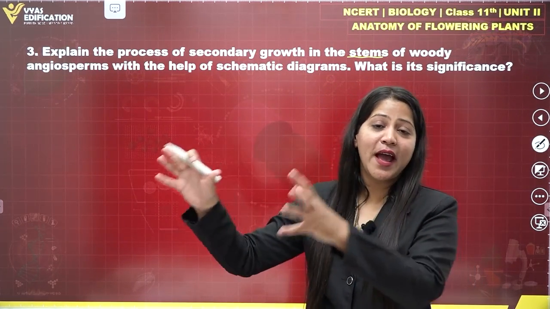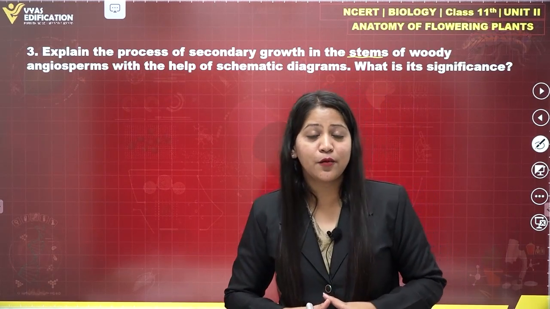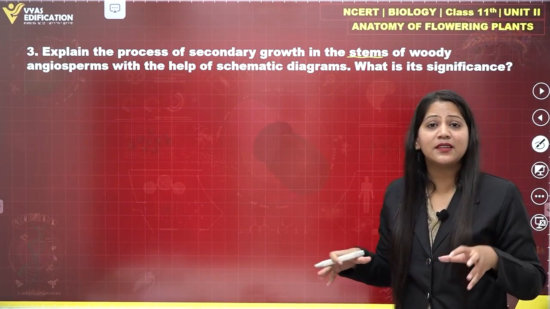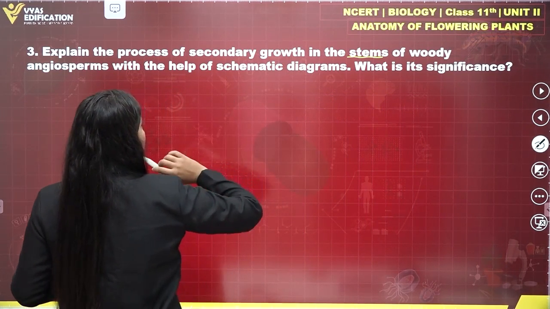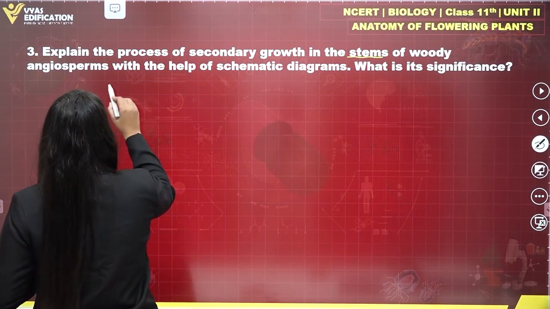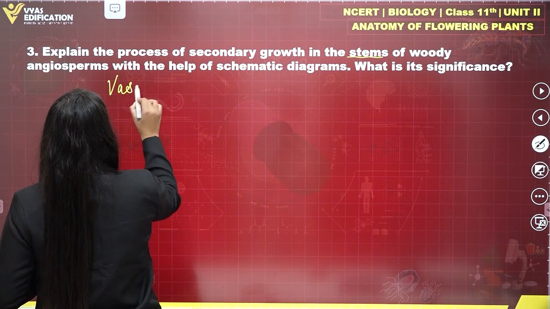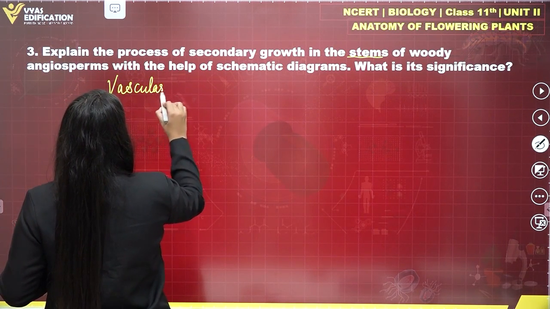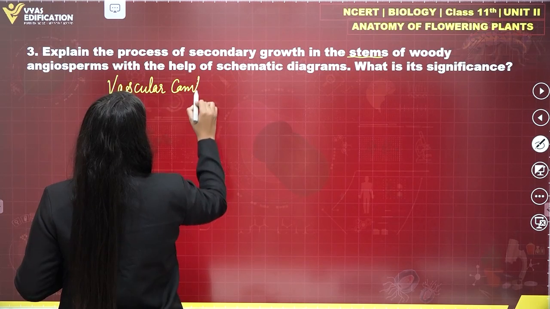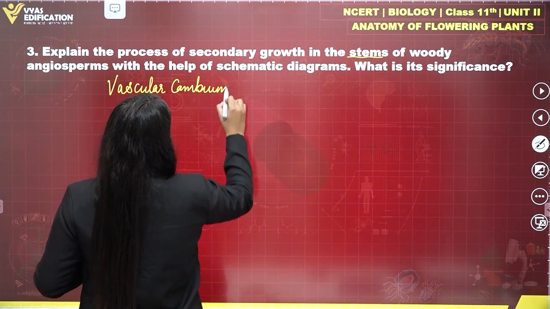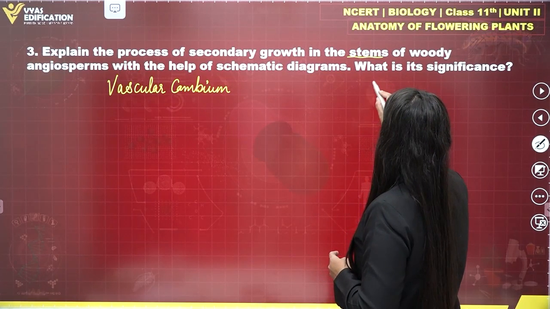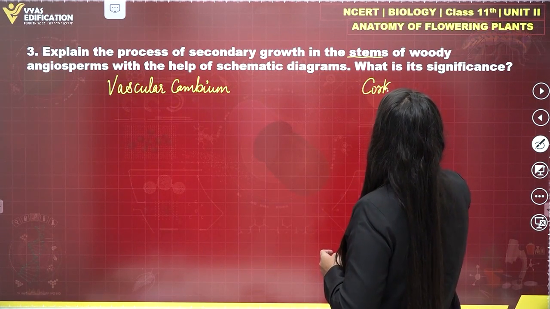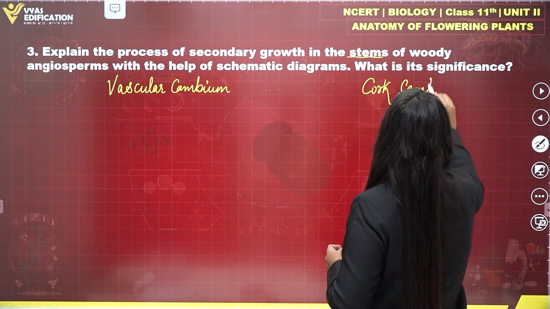So moving on to the explanation of this answer, we have to draw the schematic diagrams of this. First of all, we are going to draw the vascular cambium here, and here we are going to make the schematic diagram of cork cambium.